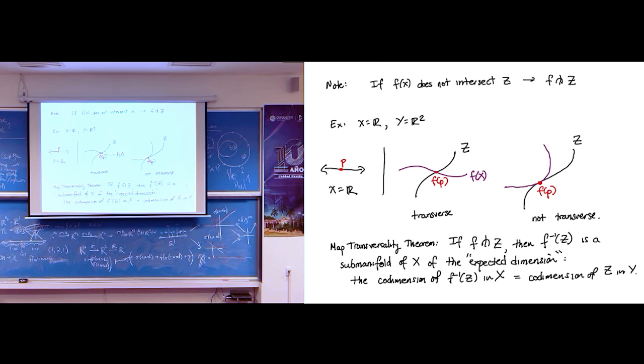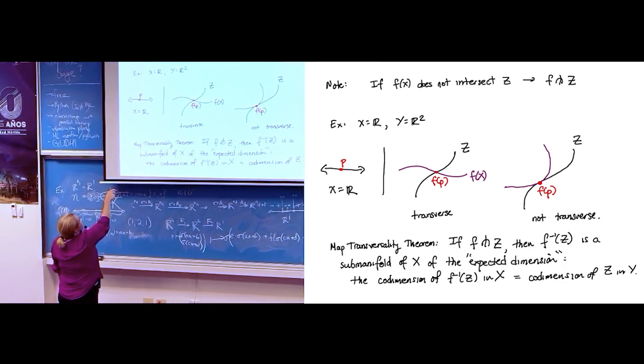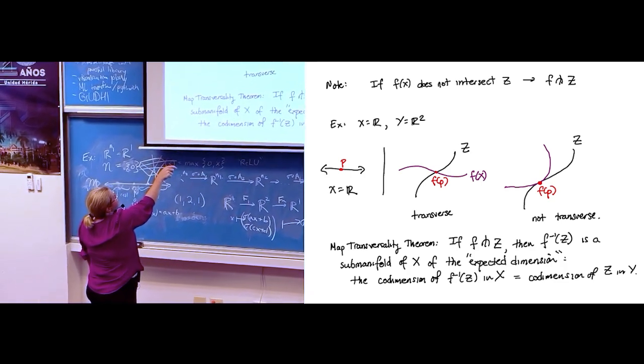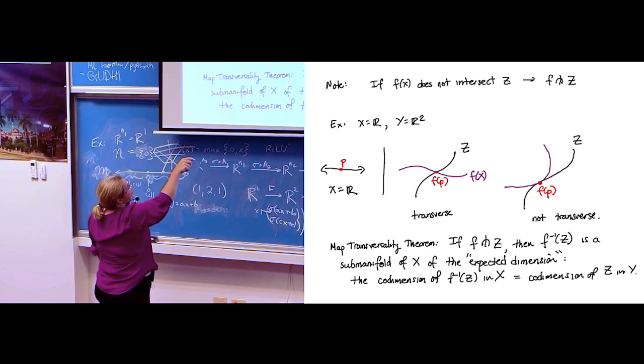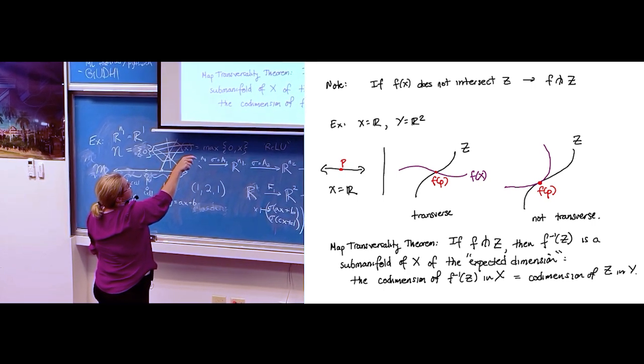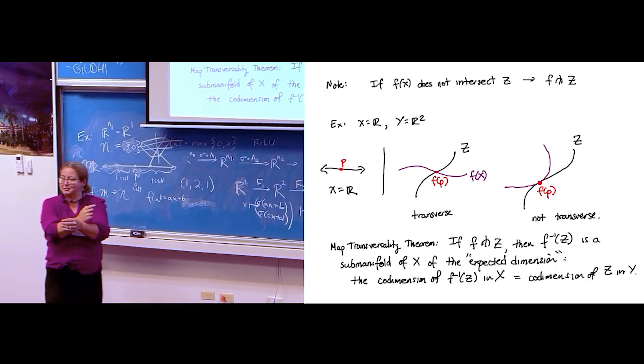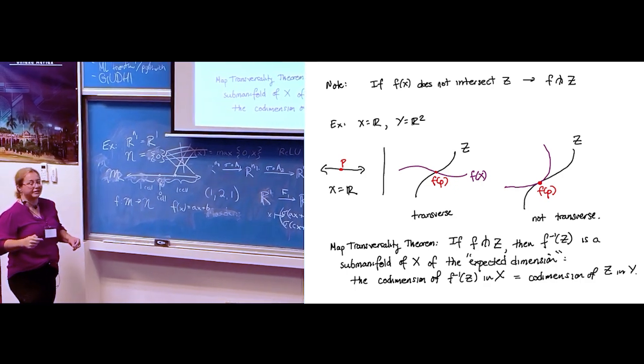So you see that this curve crosses Z. So the tangent space here gets pushed forward, and it becomes like the little tangent space here. But then that plus this gives you the full two-dimensional tangent space.